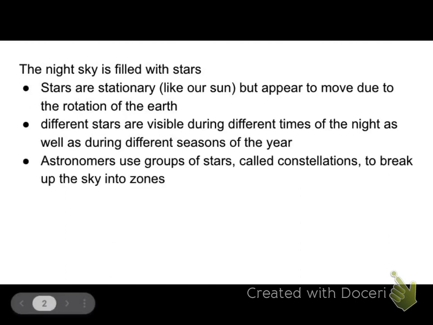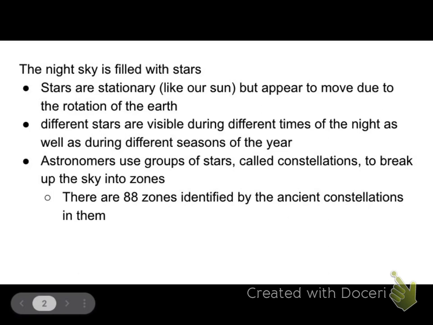Astronomers use groups of stars called constellations, which we learned about yesterday, to break the sky up into zones. We talked about yesterday that there are 88 ancient constellations that were discovered, isn't the right word, but named by ancient scientists.